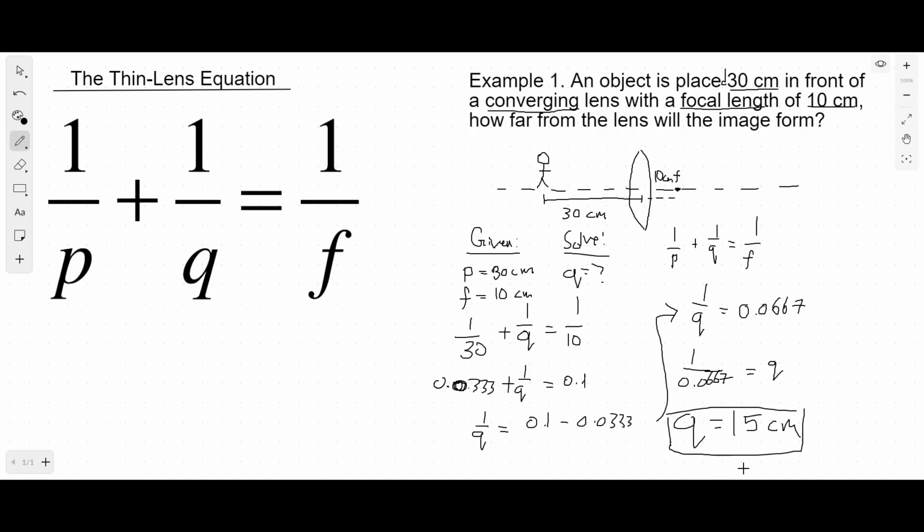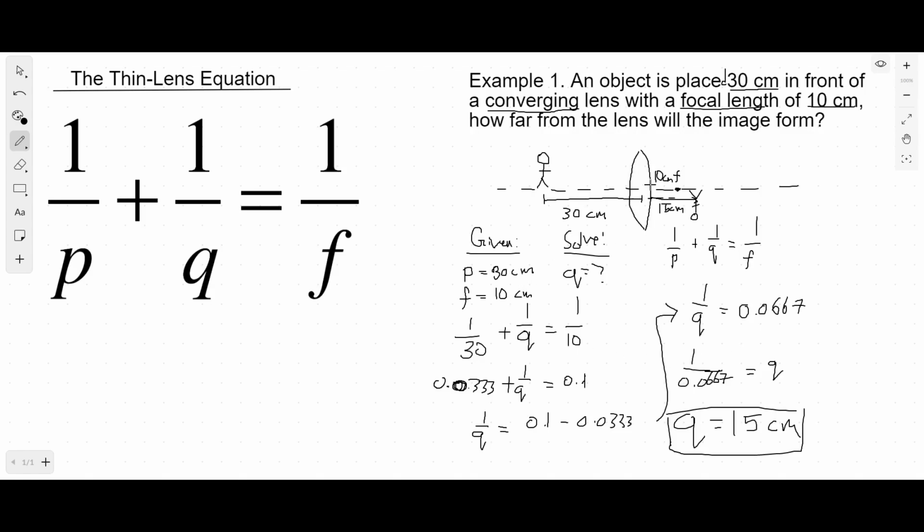When your q number is 15 centimeters, that means the image of the upside down man will be 15 centimeters away from the lens. That's how you use the thin lens equation.